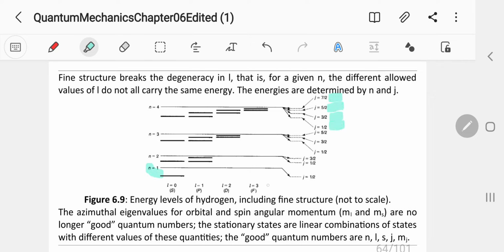For n equals 1, you have j equals 1/2, and for n equals 2, then you have j equals 1/2 and 3/2. So you must recall the previous lectures in order for you to understand this part here.